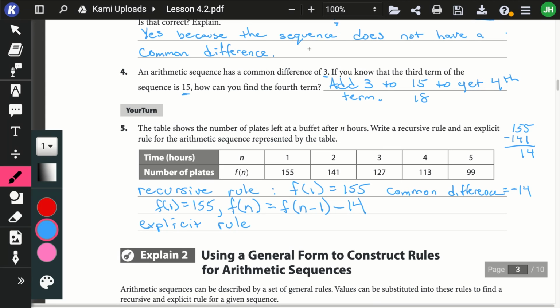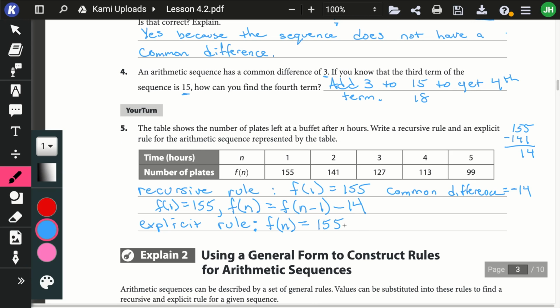Well, the explicit rule is going to be not in terms of f of n minus 1, right? It's not about the previous term. It's about n. But it kind of is also, because you need to subtract 1 from n. So in this case, f of n is going to equal how much? What are we doing? Where do we start? Well, we start with f of 1, which is 155.